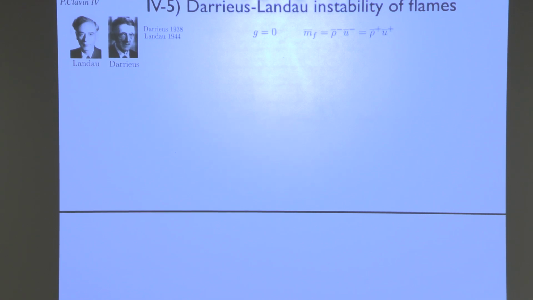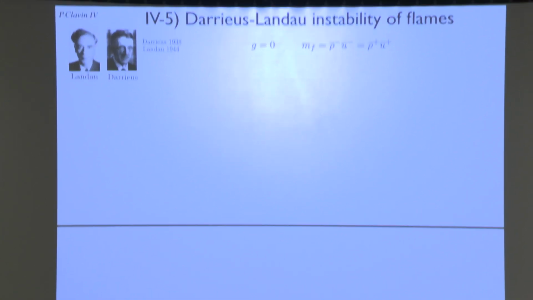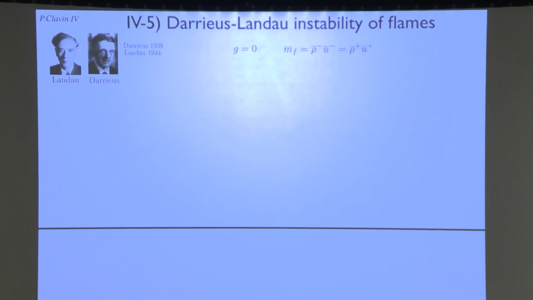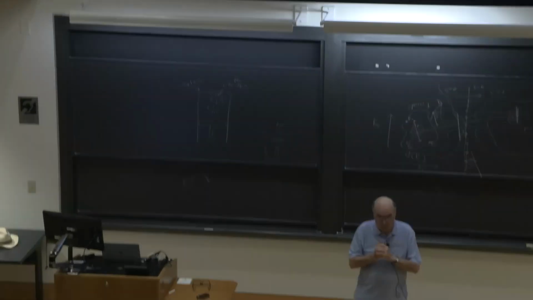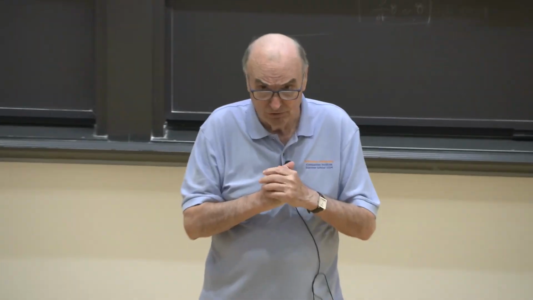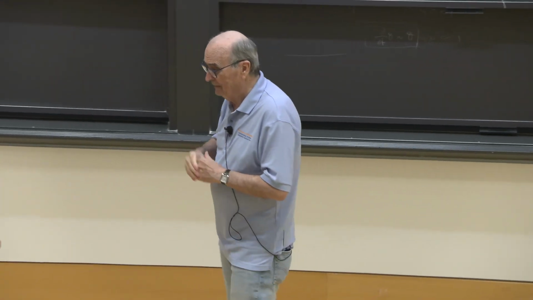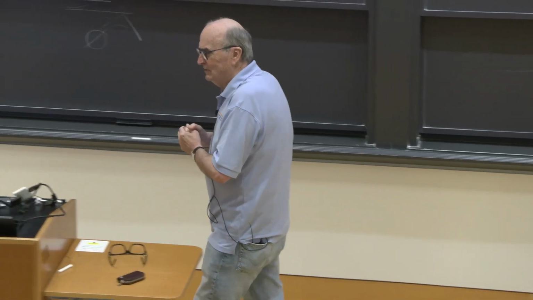Now, I put g equals 0, no acceleration. I just want to see what will be the effect of mass flux across the flame. That's all. It is just a complementary study of the previous one.